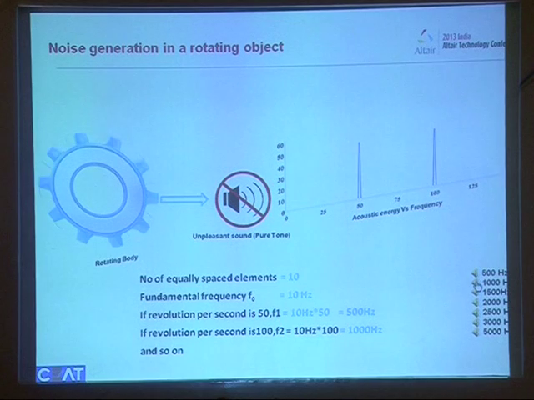Like this tonal noise of 1000 hertz, like this tonal noise of 1500 hertz. These are very disturbing. So the objective should be to distribute this noise over the entire spectrum, so that it becomes a broadband, so that every frequency comes into the picture.